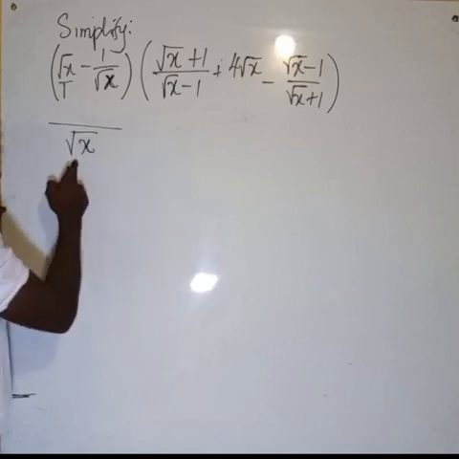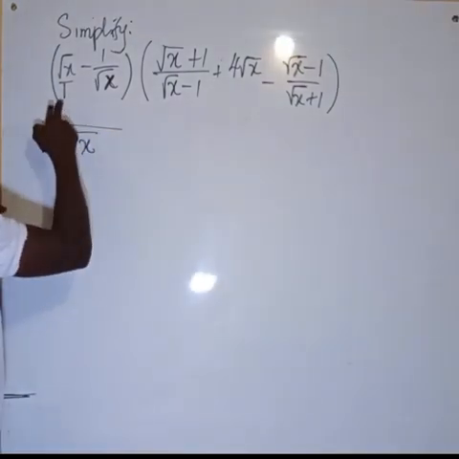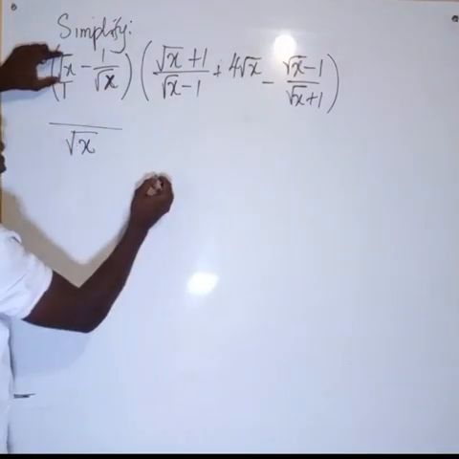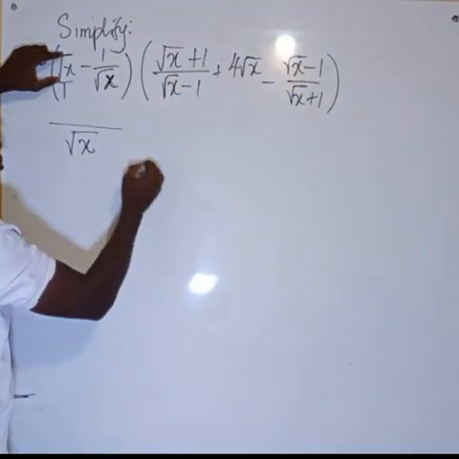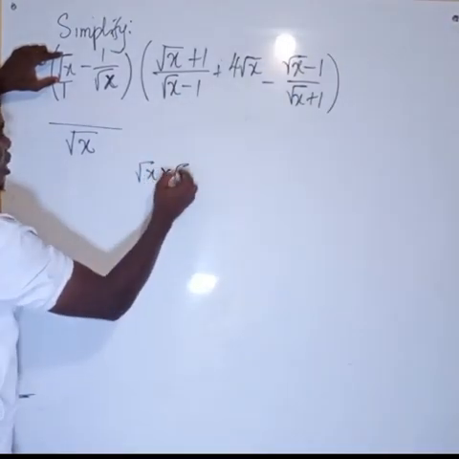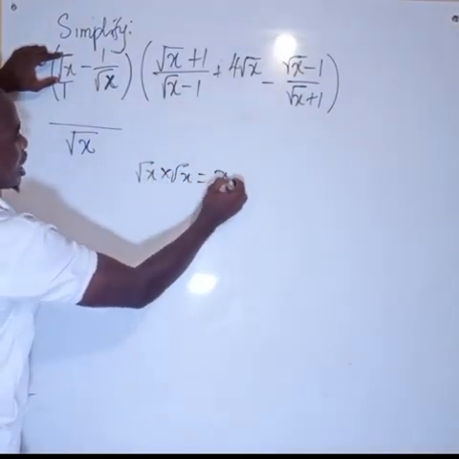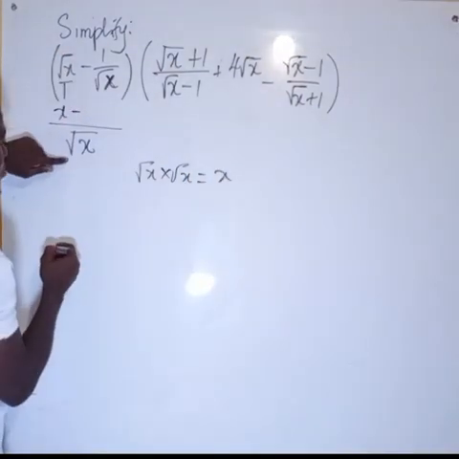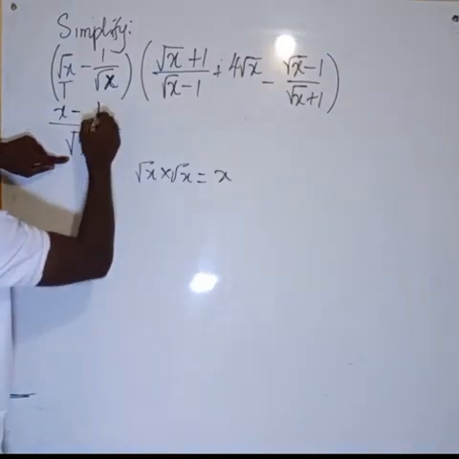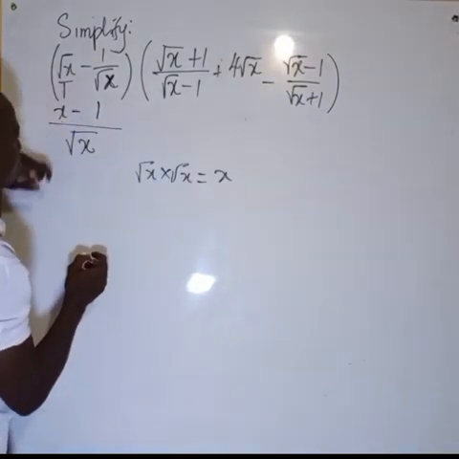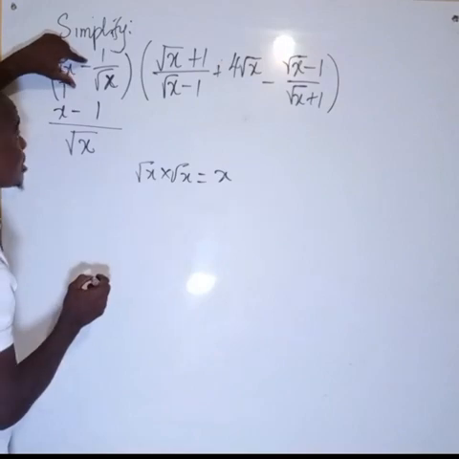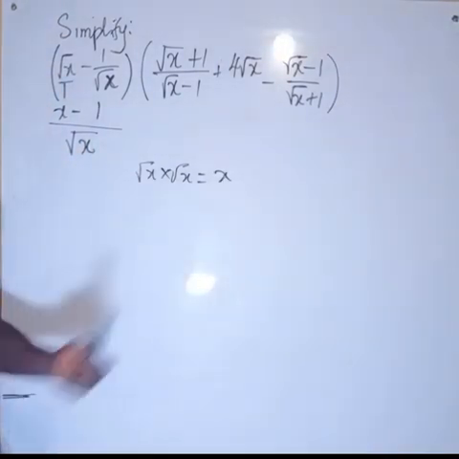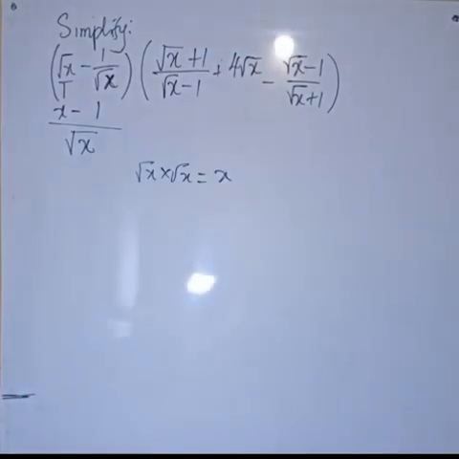Root x divided by this, we have root x, then root x multiplied by root x gives us x. So here is going to be x minus, then root x divided by root x is 1. We have x minus 1 over root x, and we've written the first parenthesis as a single fraction.